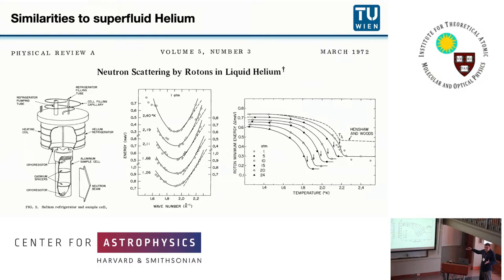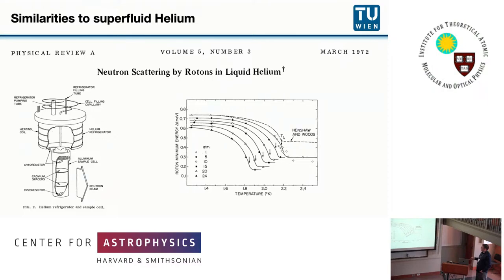So they never really find the case, and you will see that this is different for the BECs, where the roton minimum goes to zero driven by temperature, and you still have a superfluid, right? So this just generically doesn't happen. Mostly it's due to the fact that here it's a weak effect, because it's coming from interactions purely between excitations. There is no large BEC fraction in helium, so the physics is actually quite different, right?